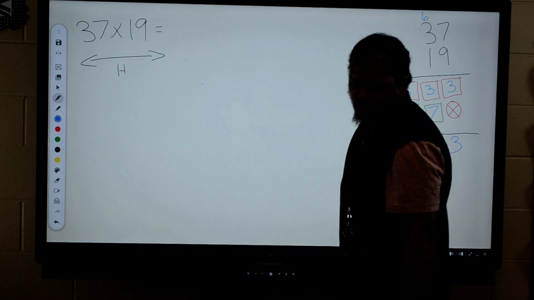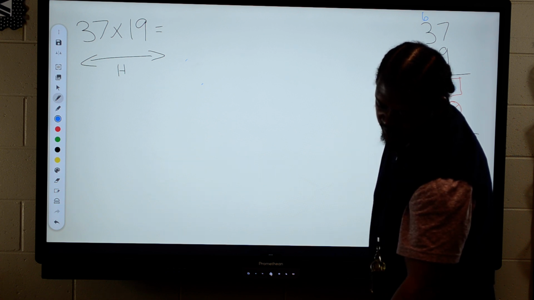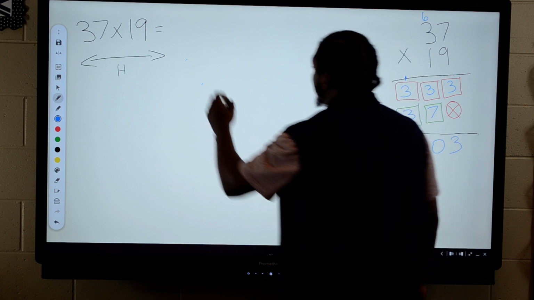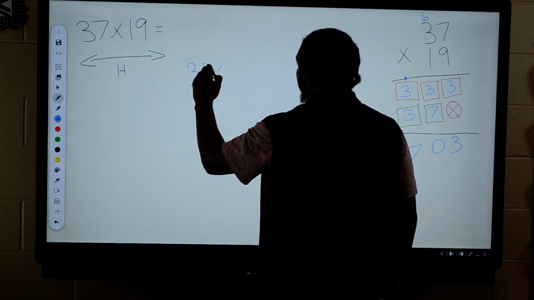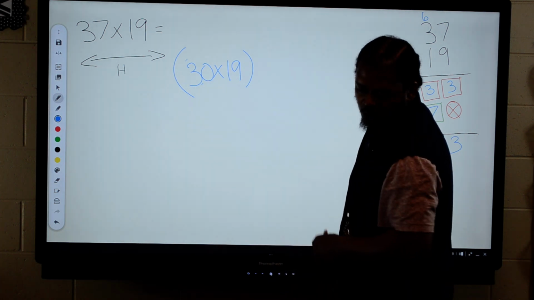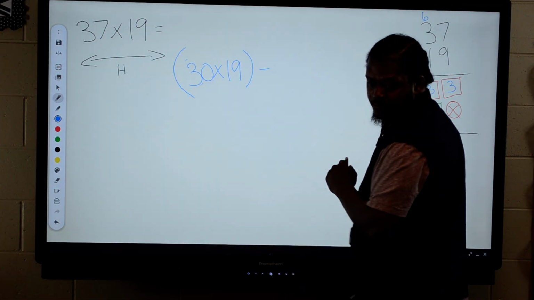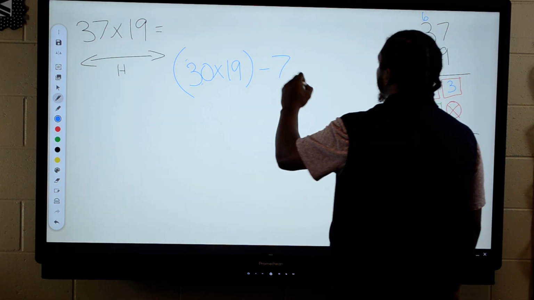Now we get to some more difficult expressions. So we have 30 times 19 minus 7 times 29. So we take our 30 times 19, we put it in the parentheses, and we're looking for the difference of 7 29s.